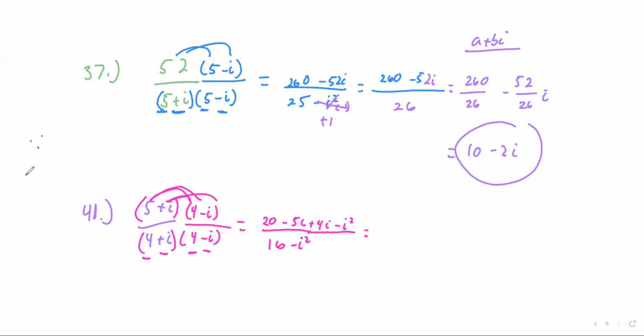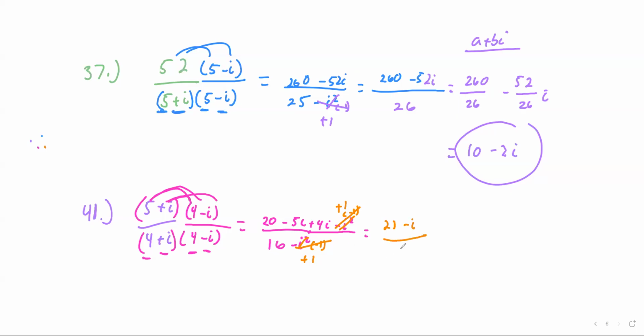All right, we'll clean some stuff up real quick. I know that i squared is a negative 1. I know a negative and negative 1 just makes a plus 1. Same concept here. So I got 20 plus 1, which would be 21. Negative 5i plus 4i would give me just negative i.